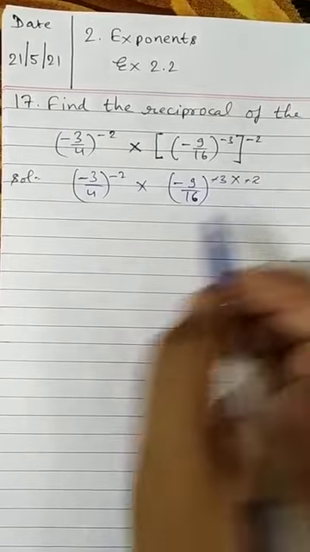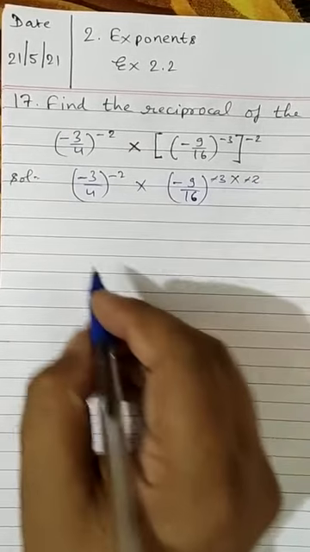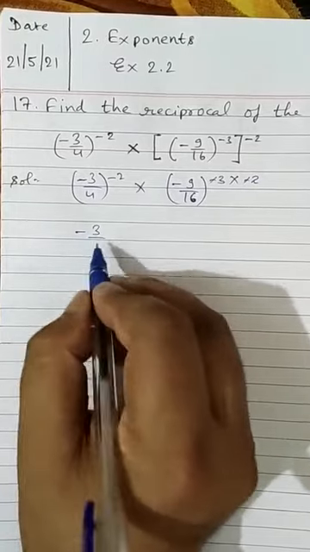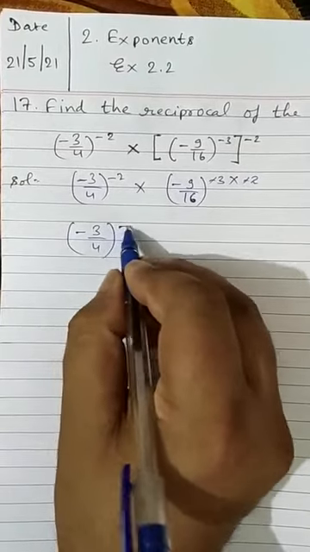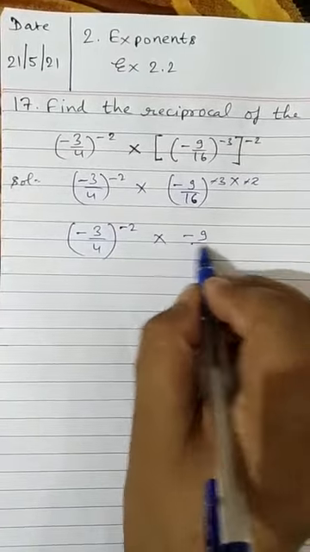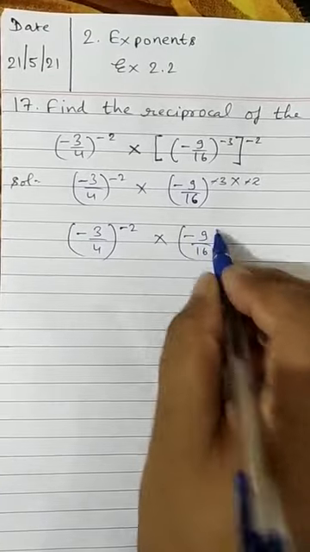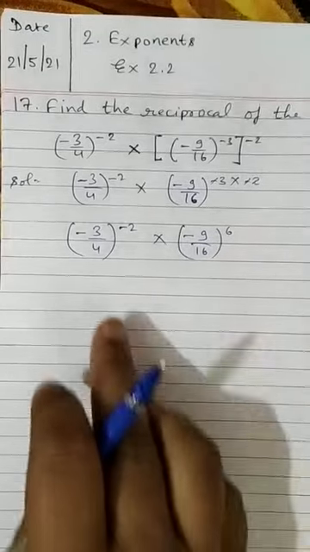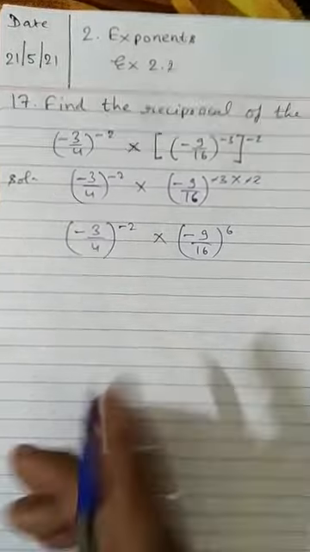Negatives are cancelled, so now it is 3 to the 6. Power is 6. Now we will expand it.